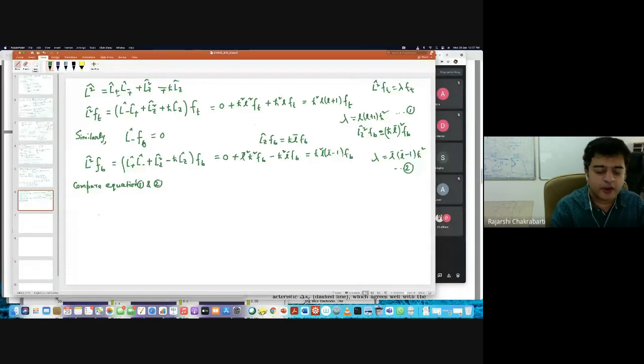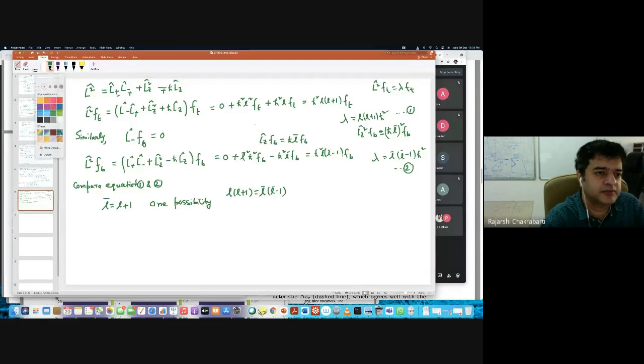If I compare this, what does it give? One possibility is L bar is equal to L plus 1. H cross will cancel. Is this acceptable? Can anyone tell me?